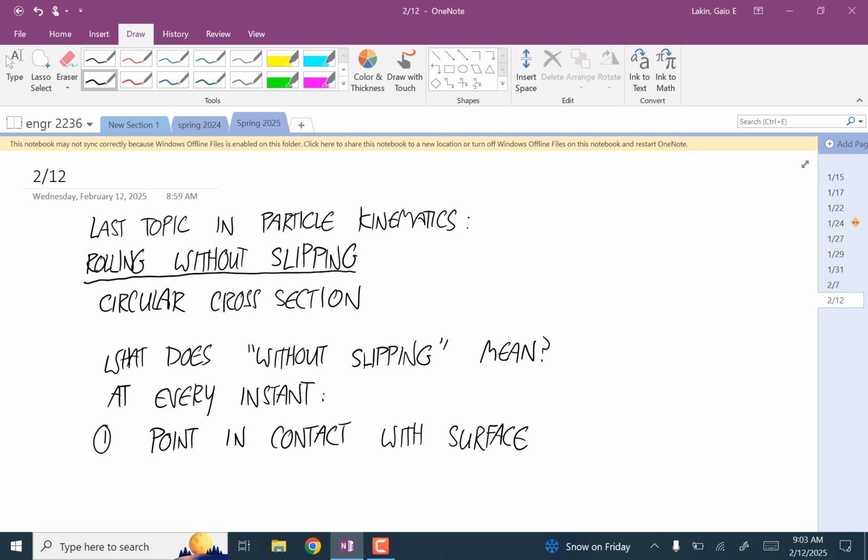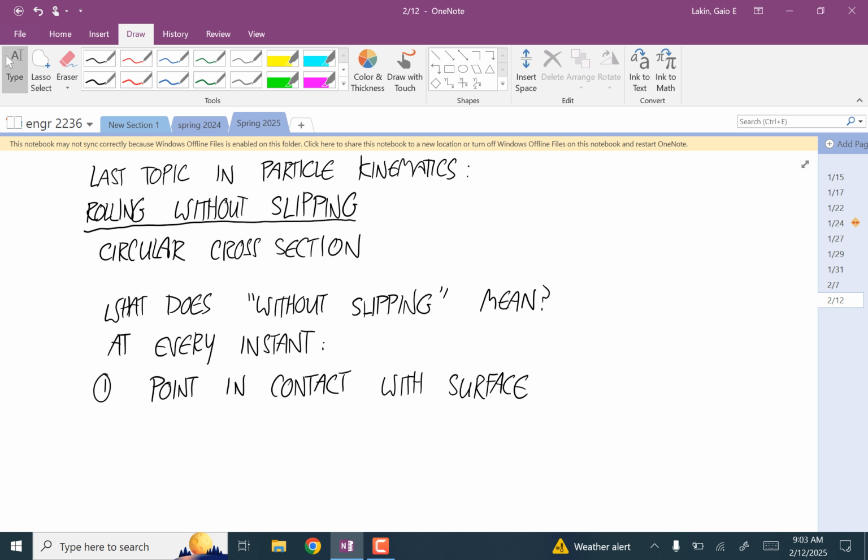Think about what it would mean for something to be sliding. The point that's in contact with the surface, think about the velocity of the surface and the velocity of that point that's in contact. One way that it can be sliding is if the point in contact has a different velocity parallel to the surface than the surface does, right? You can think of that as, if you had to define sliding, maybe that's what you would come up with. Are you with me on that?